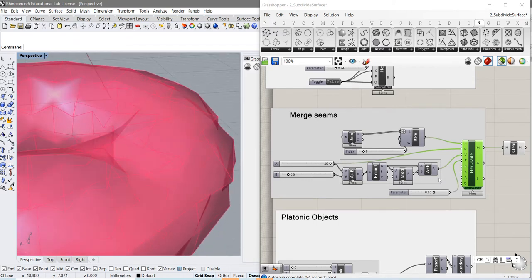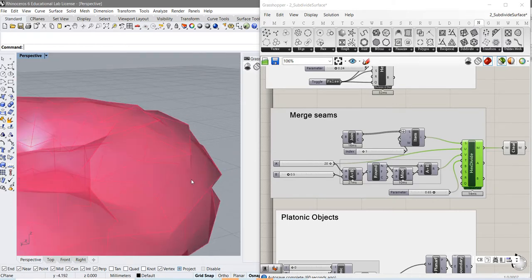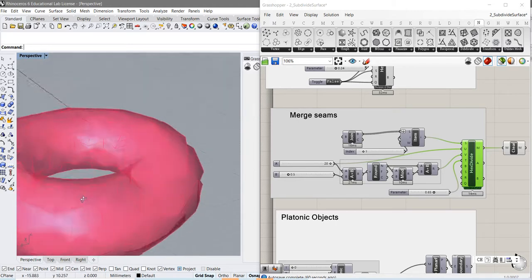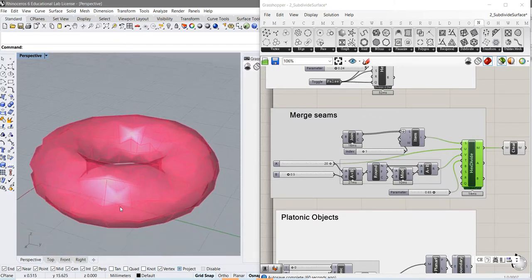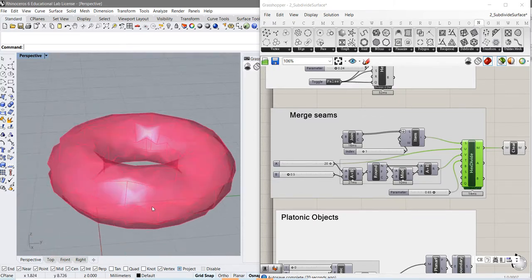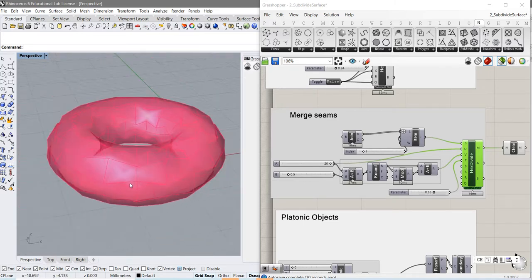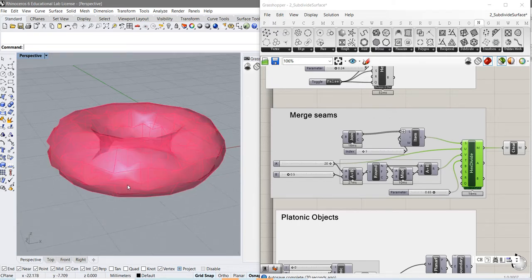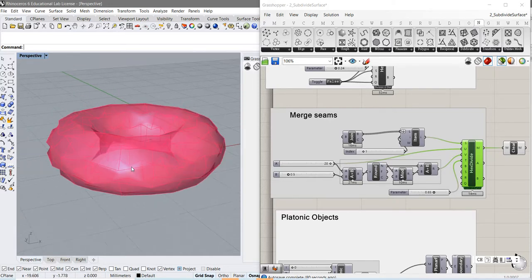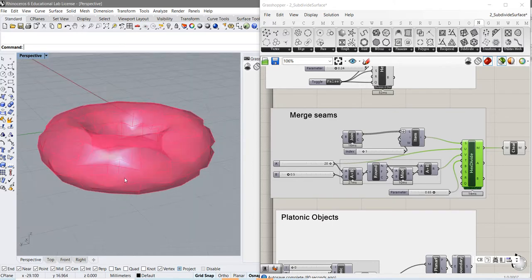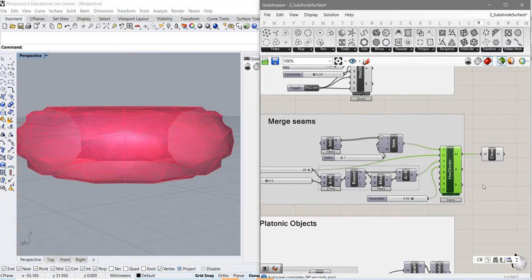Somehow this algorithm is trying to use these non-planar hexagons to approximate the entire surface, because the surface is not developable, so it cannot be converted into a planar shape. Later we can see that there is a component trying to planarize all these non-planar polygons. It may or may not be successful, depending on the basic configuration.